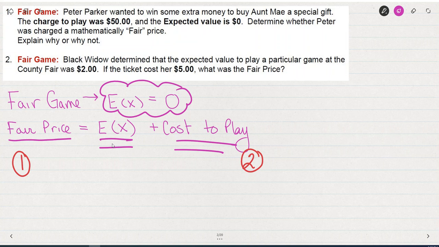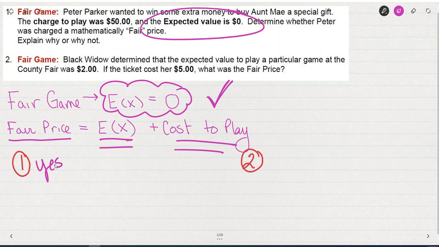This first question is really just assessing whether you understand this first bullet point, that a fair game is a game where expected value is 0. So if the expected value is 0, was he charged a fair price? Yes. If the expected value came out to 0, then that $50 was set correctly.